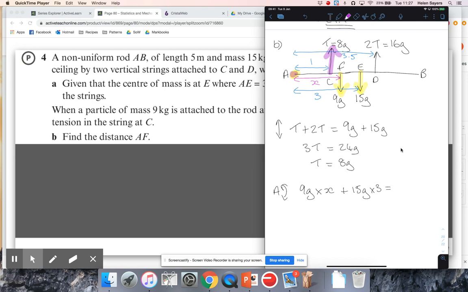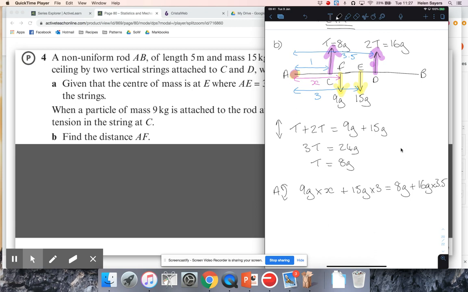Again, imagine we pivoted there. Both of these are going to be trying to turn it anti-clockwise. So I have the 8G, which is 1 meter away from A, so that's just 8G times 1. And then I've got the 16G, which is 3.5 meters away.